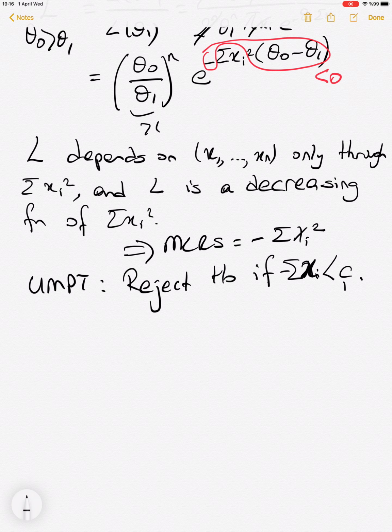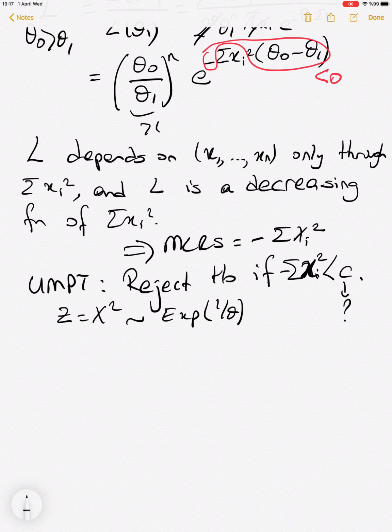Now we have to find the value of c again using the distribution of summation xi square. That part is the same. Remember, we did a transformation and showed that this was exponential with 1 over theta parameter. Yeah, it should be like that.